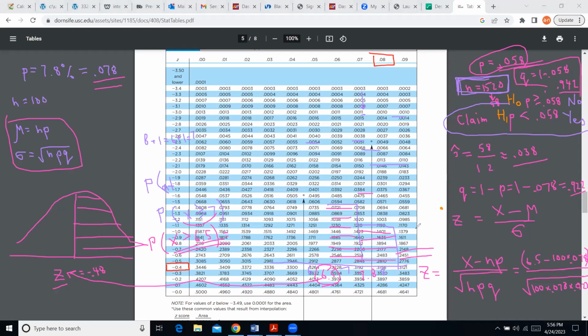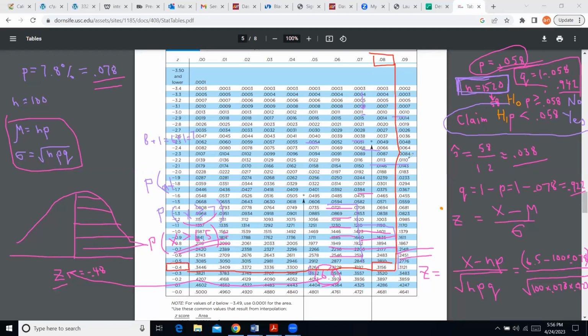That's how we always use these tables. And to get to this spot, I better clean this up a little. So we have the intersection of 0.08. This is the column, and this is the row. So we got the number.